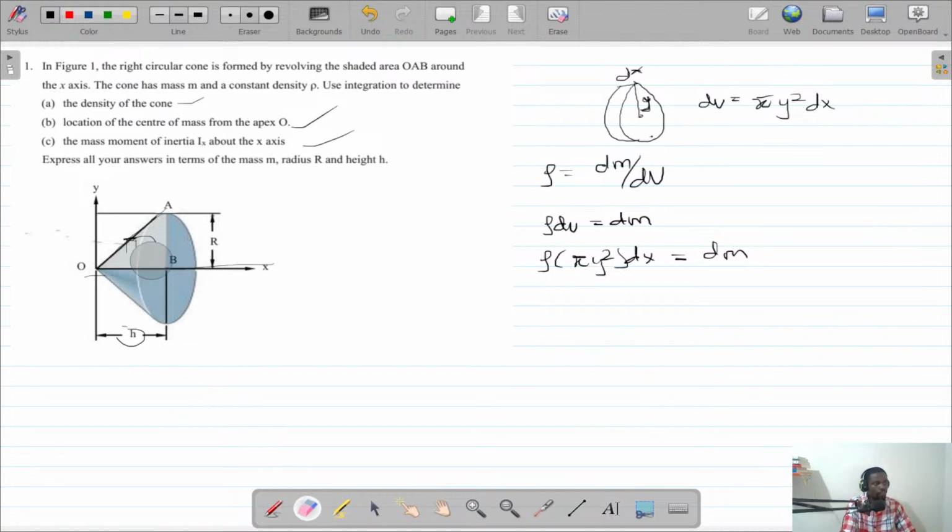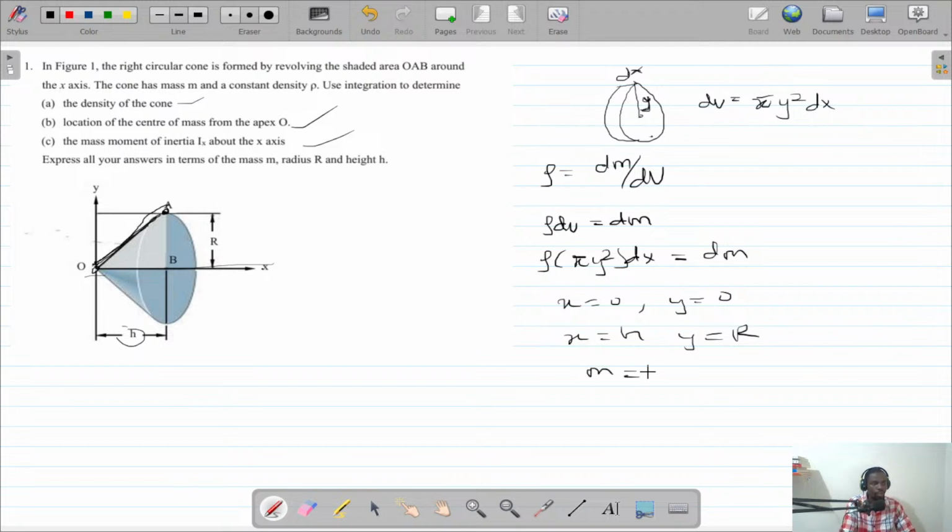If you consider this line, at x equals 0, y is also equal to 0, and at x equals h, y is equal to r. So we can find the gradient of this slant line.